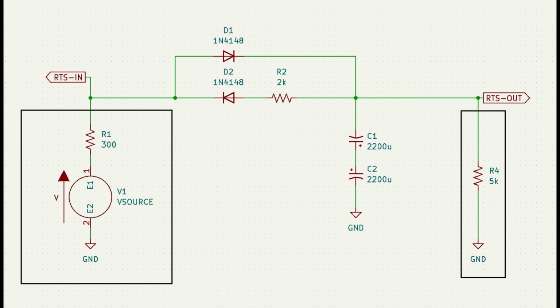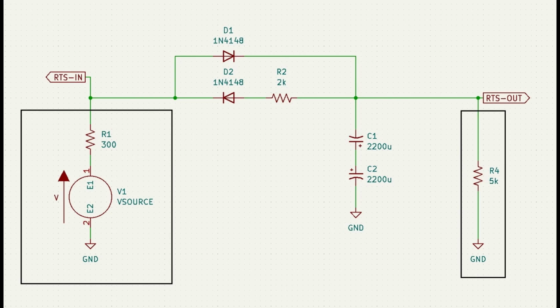There's a 300 ohm resistor which is designed to simulate the source impedance of this line. Now, most of these RS-232 signals are coming from either a 1488 or 1489 pair. These are the most common pair for RS-232 line drivers. 1488 and 1489, I forget which is the receiver and which is the driver.